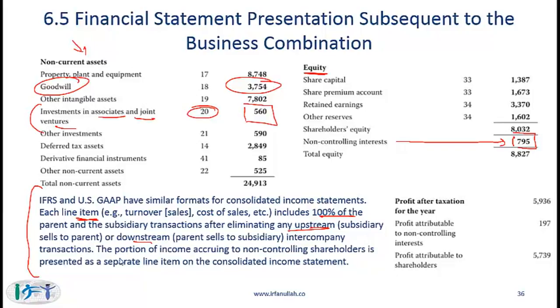The portion of the income accruing to non-controlling shareholders is presented as a separate line item on the consolidated income statement, and that is shown right here. This is the total profit. This is the profit attributed to the non-controlling interests or the minority interests, and this is the amount attributable to the shareholders of the acquiring company.